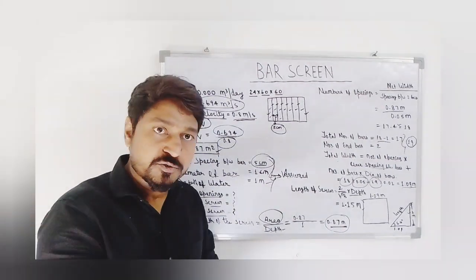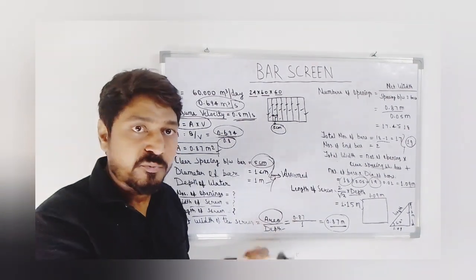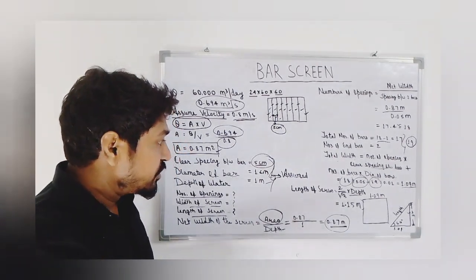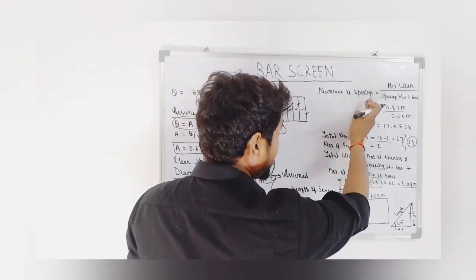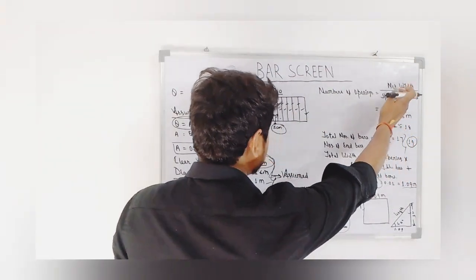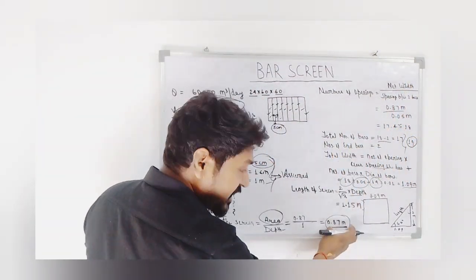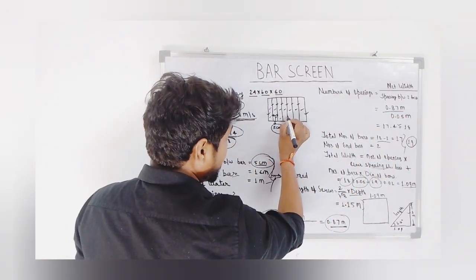But we also have to install the bar screen in that chamber, and that will occupy space. So that is why we have to calculate the number of openings. So number of openings is equal to net width divided by the spacing between two bars. Suppose this is a bar and this is also a bar.